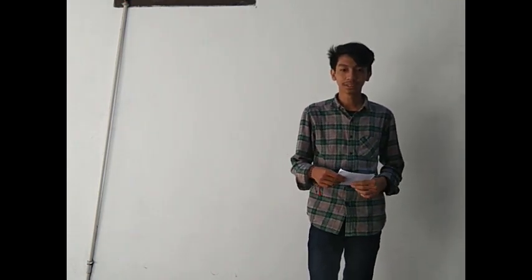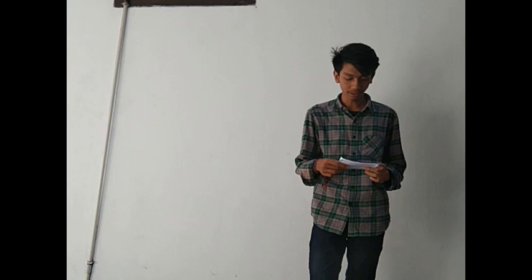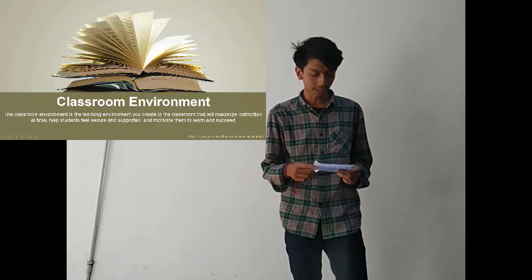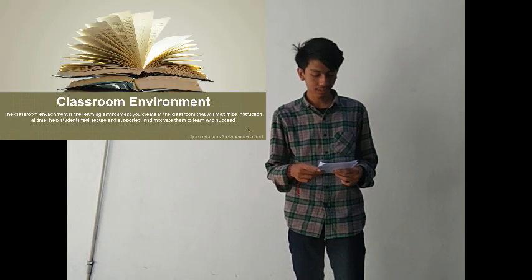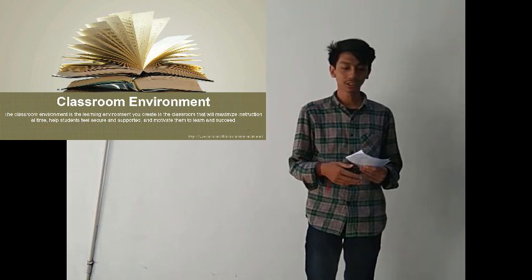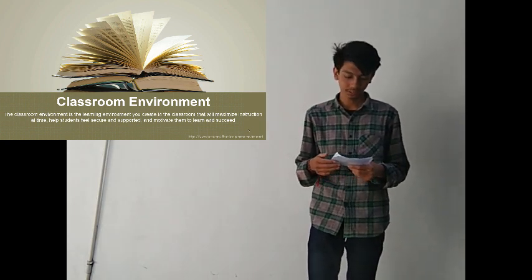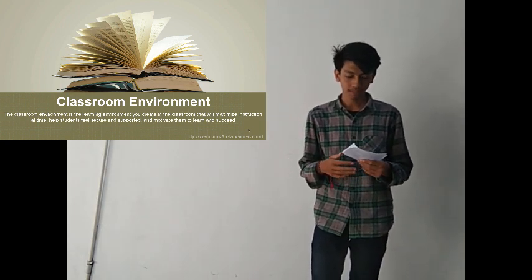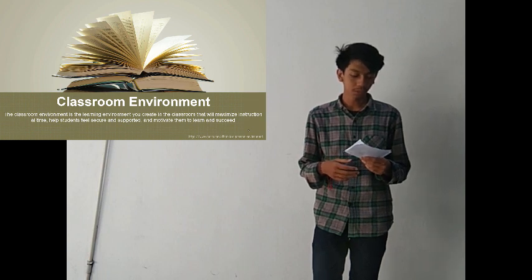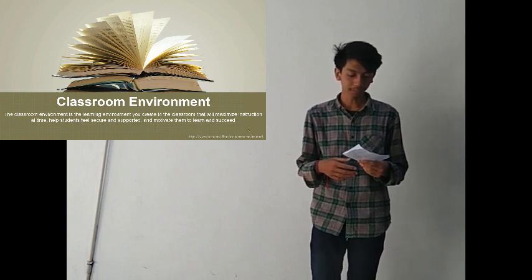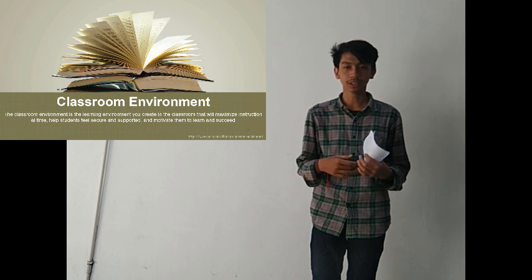Thank you Aprilia for the time, and I will explain about classroom environment. The classroom environment is the place which the teacher and students make in the class in order to maximize the learning process and make the students feel comfortable to learn.